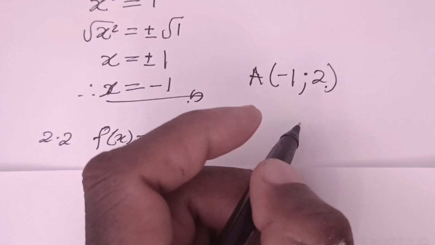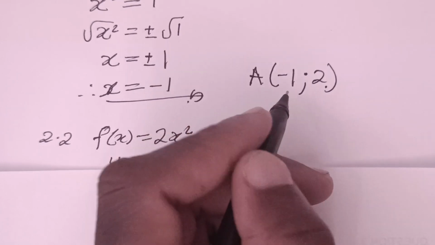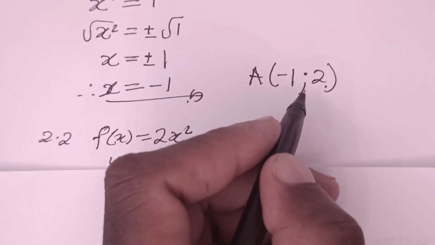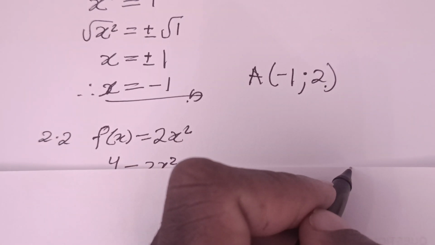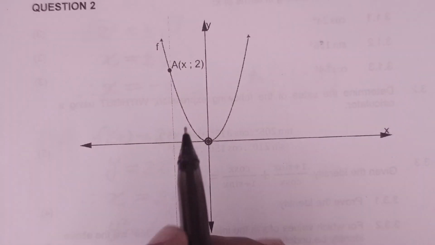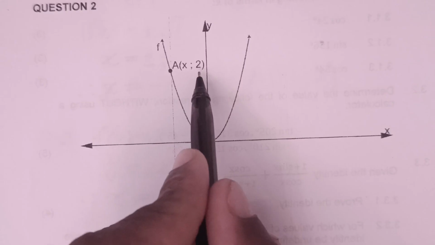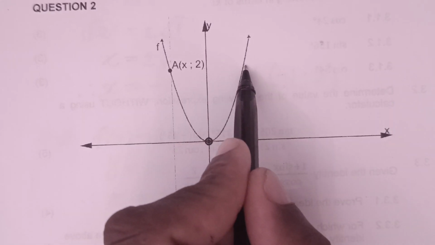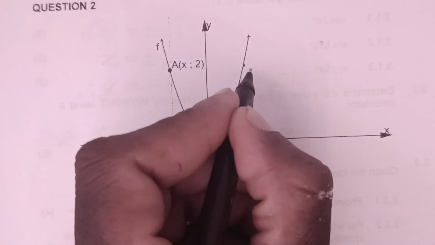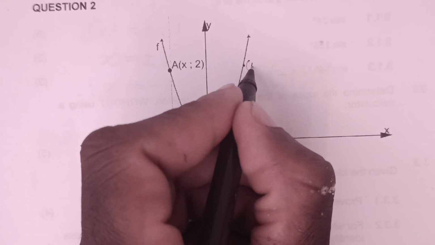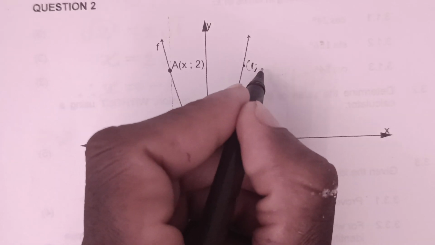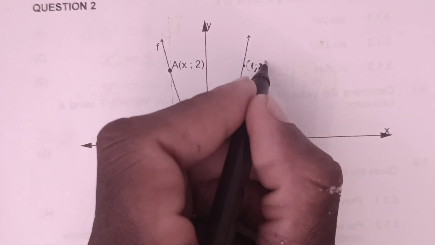And there should have been another point when x was 1, y was 2 on the other side, because this is point A, when x was minus 1, y is 2, and there is exactly another point here when x is equal to 1. That's why x was plus minus 1. Then y is 2. We know that such exists.